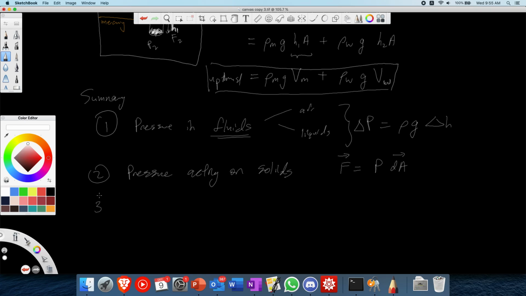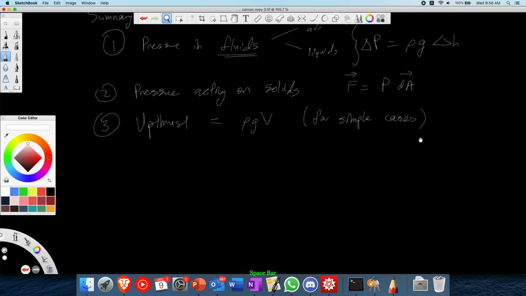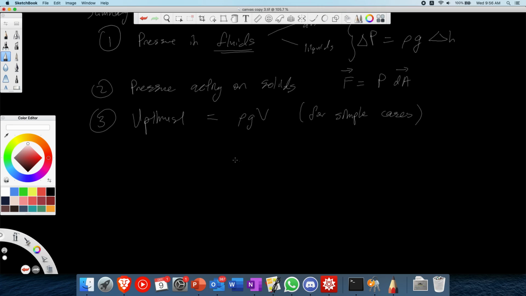And then I derived upthrust equals rho g V for simple cases, like the cylinder and a general shaped body. However, upthrust equals rho g V effective for the inverted cup scenario.